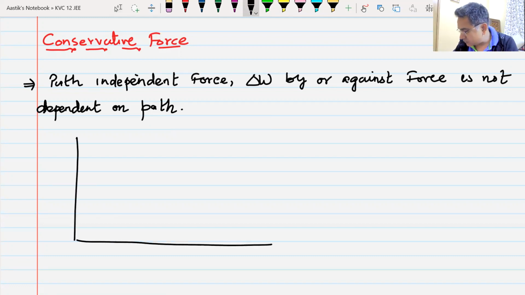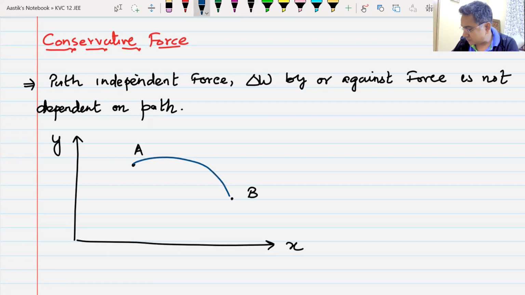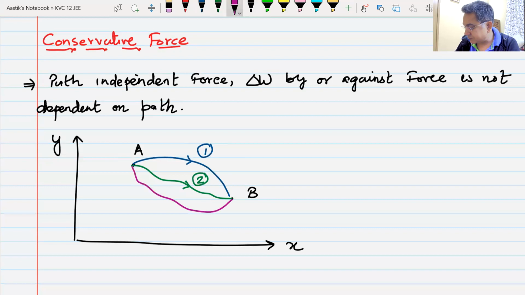So let me draw it, so that I can take the analogy back to something else. If I move a particle from point A to point B in any path, path number 1, path number 2, or path number 3, the work done by this force that we are talking about does not depend on path.